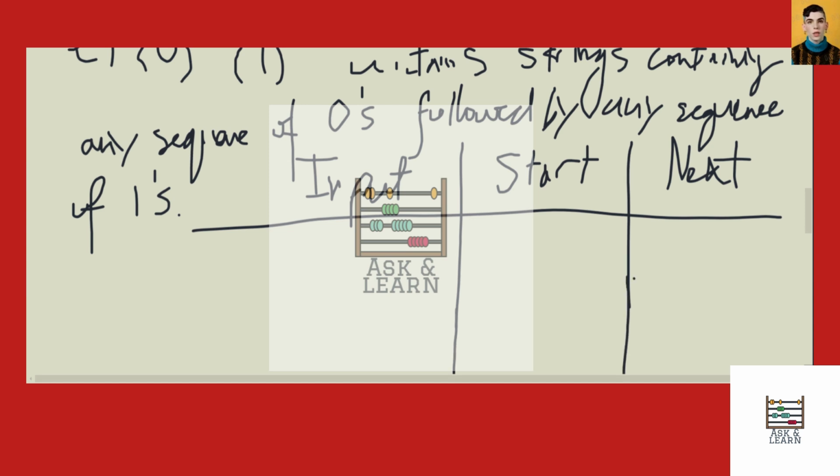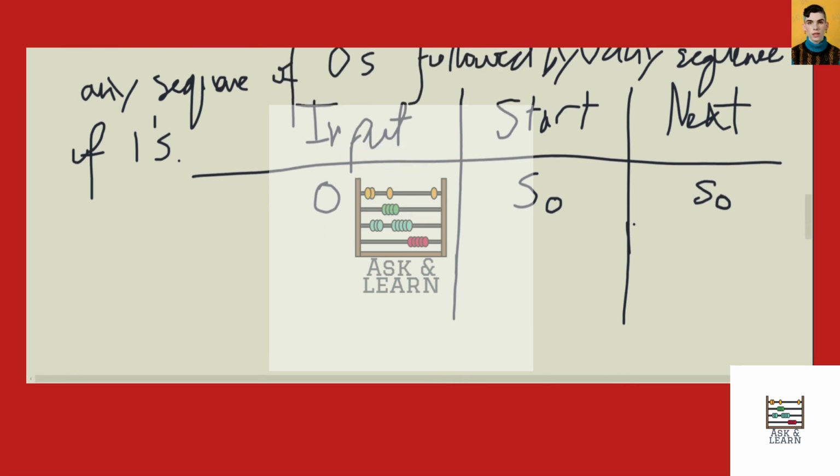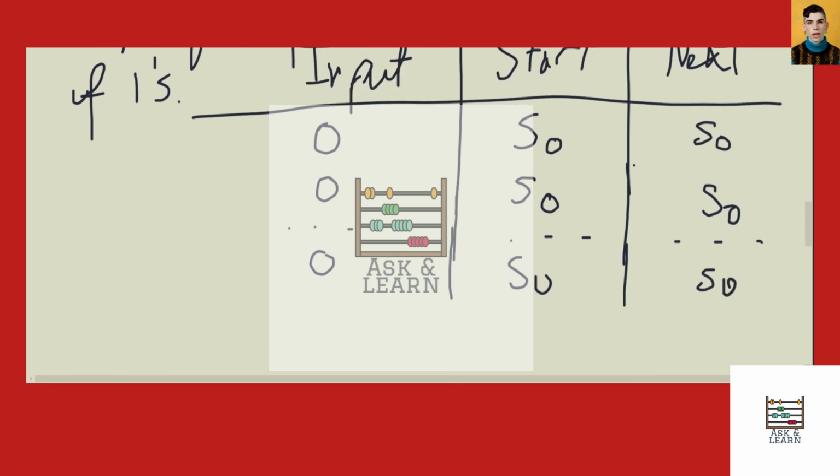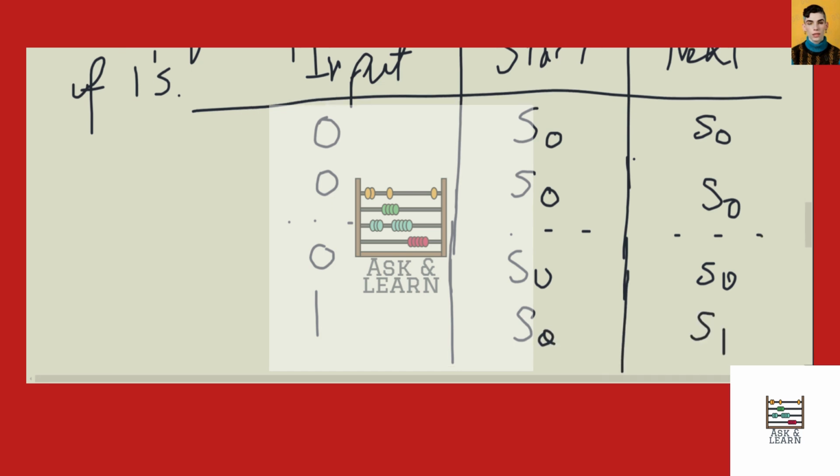So our first input has to be a 0. Our start state is S0, so that our next state is going to be S0. And we see that this pattern is going to continue so that if our next input is a 0, our start state is still S0, and our next state is still S0. This continues through all of the zeros. And then we move on to the ones. So our next input has to be a 1. Our start state is S0, and so our next state is S1.